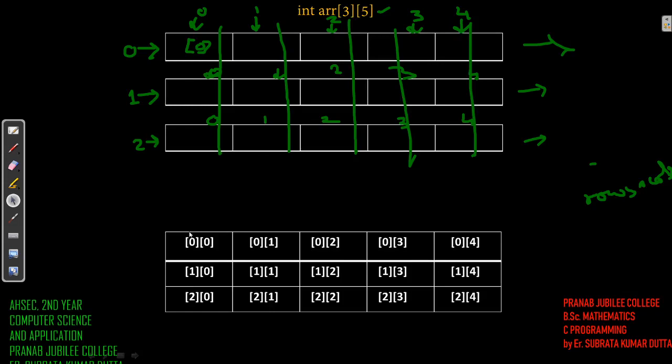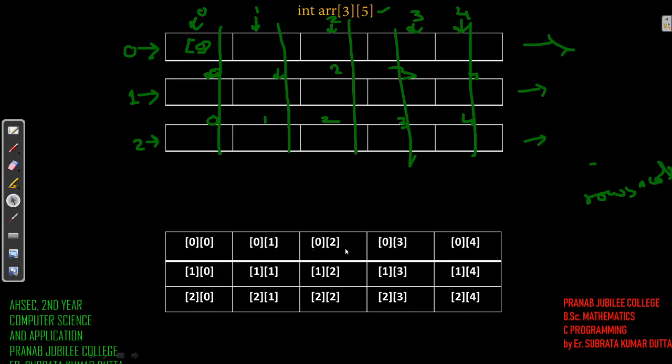So these indexes will be 0, 0, because the row is 0 and the column is also 0. Again 0, 1, because the row index value is 0 and the column index value is 1.